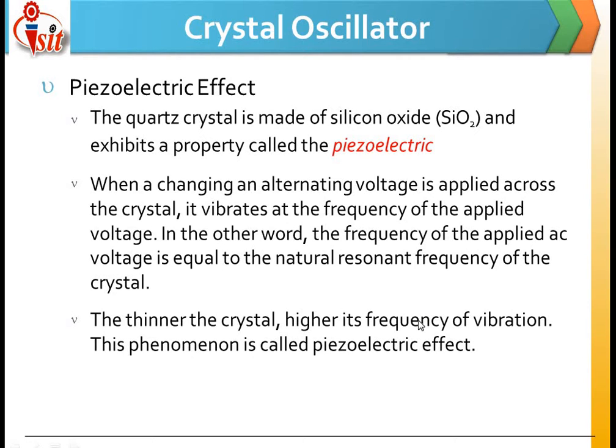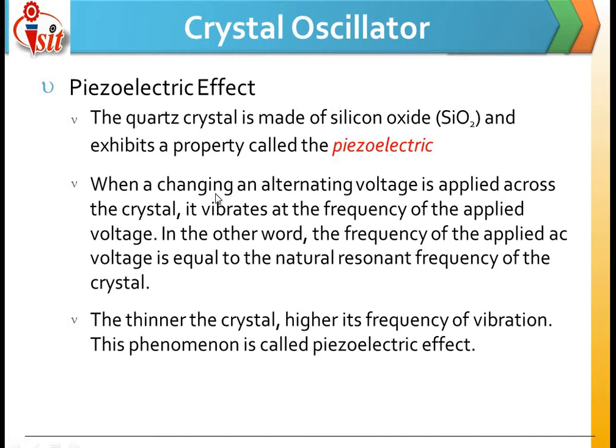Then crystal oscillators. The piezoelectric effect is an important factor related to our crystal oscillator. The quartz crystal is made of silicon dioxide, that is SiO2, and exhibits a property called piezoelectric.